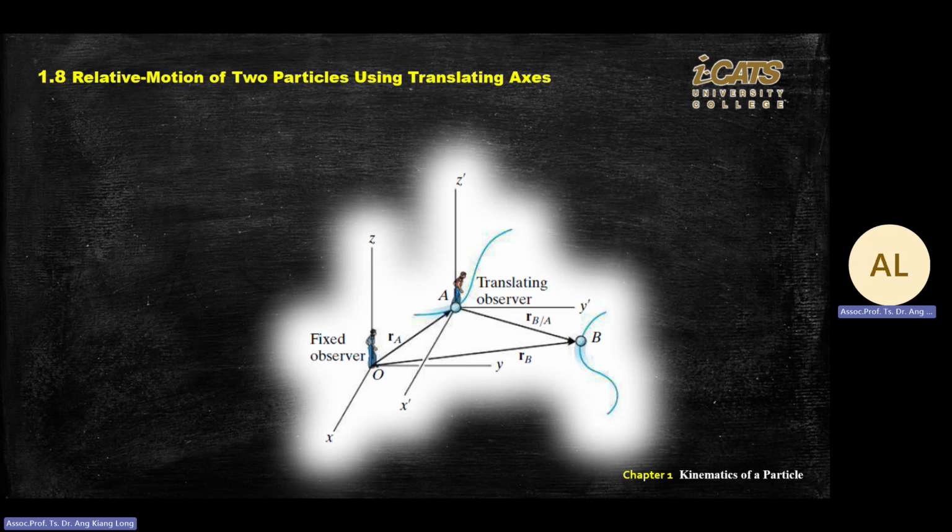If the question asks you to solve relative motion of B relative to A, the vector should be pointing from A to B and not B to A. Relative to something means from the source, from the arrow. And you write this one, B/A means B relative to A.